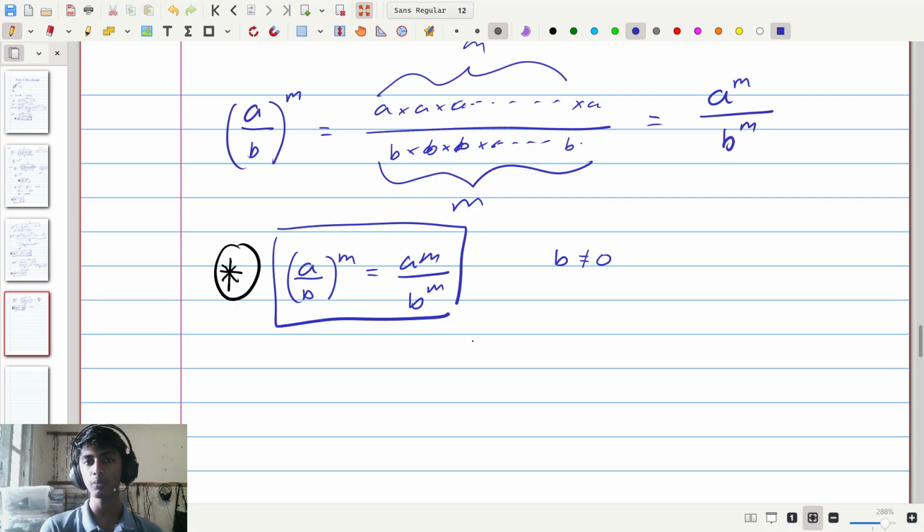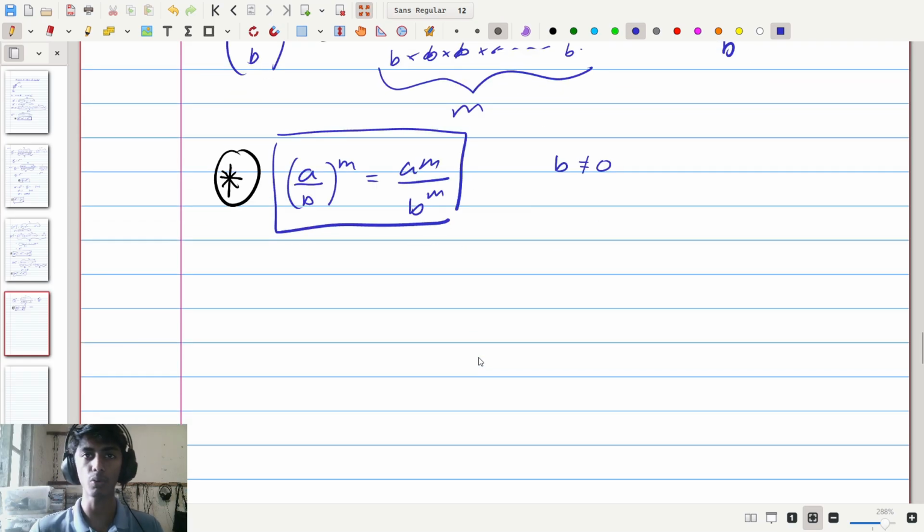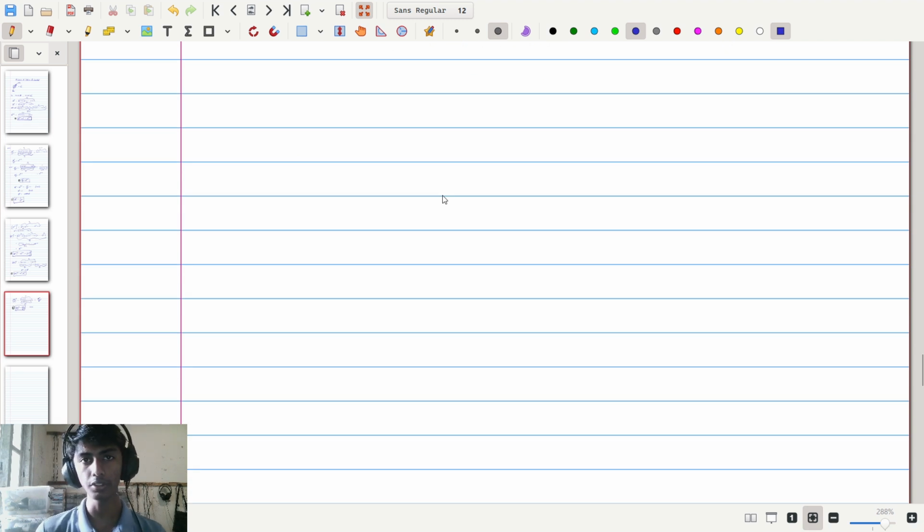There's a next part where we have to talk about fractional powers, i.e. roots, which we will get to right now. Now let's go on to what roots are. So a root is defined something like this. Let's say a and b are elements of the real numbers. If b to the power of n is equal to a, and let's also put that n is an element of, for now, the positive integers.